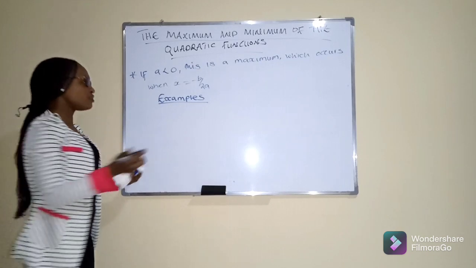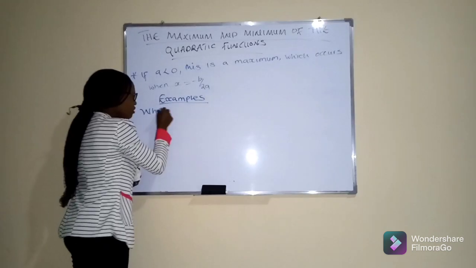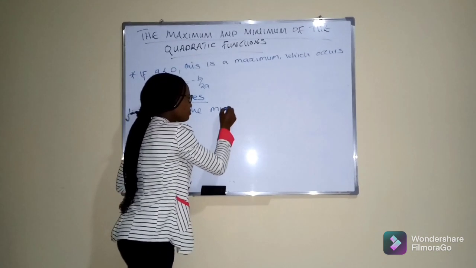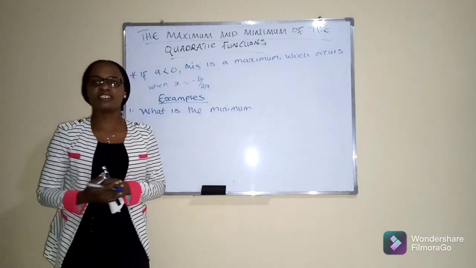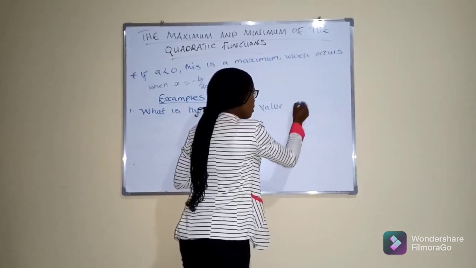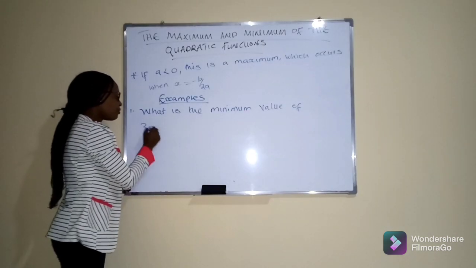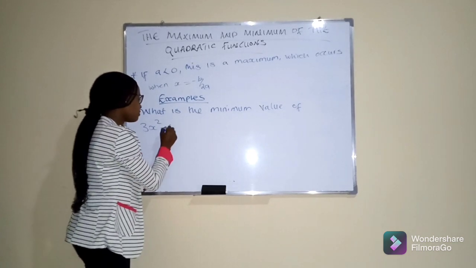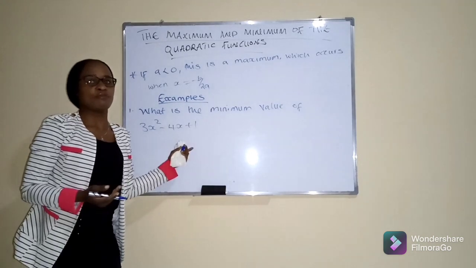Let's say you've been asked to find the minimum value of a quadratic equation, which is 3x to the power 2 minus 4x plus 1. This is what we've been given.